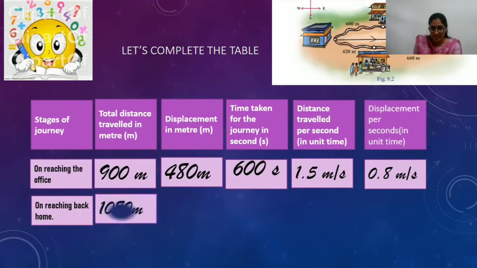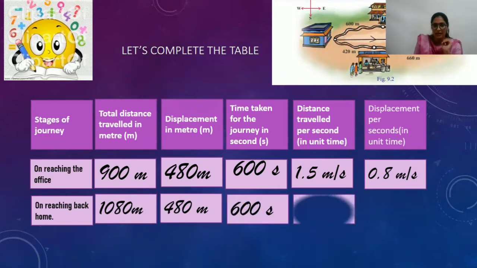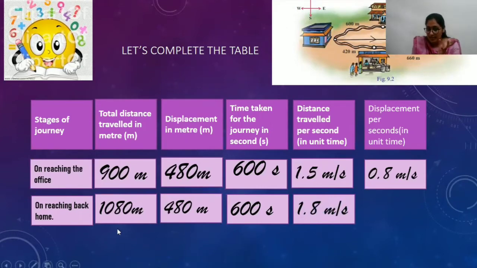The total distance traveled is 1080 meters. The displacement is 480 meters, because that is the shortest distance between the home and the office, the straight line. The time taken is 600 seconds. The speed is 1080 divided by 600, which is 1.8 meter per second. The velocity is 480 divided by 600, which is 0.8 meter per second.